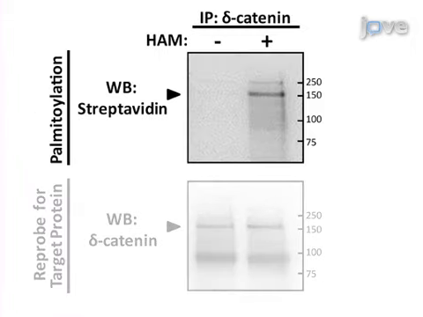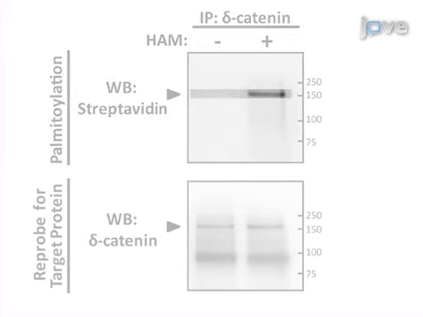In an optimized experiment, the palmitoylation signal of the neuronal protein delta-catenin can be readily detected by blotting for biotin BMCC at a concentration of 1 micromolar using streptavidin conjugated with HRP against parallel minus and plus HAM samples.